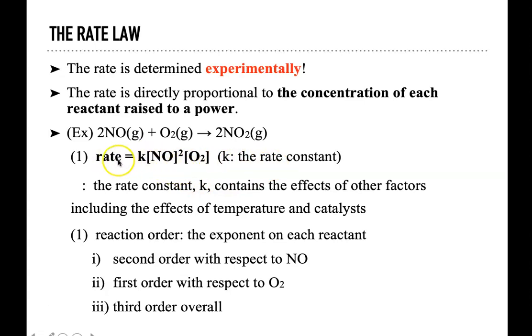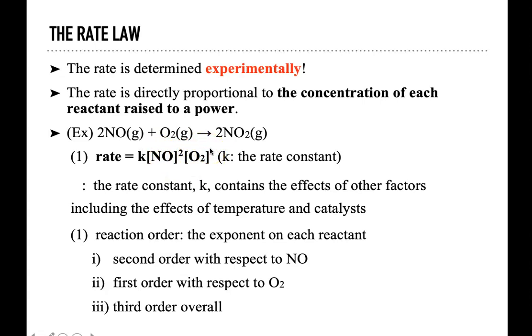As you see here, the rate is not determined by the concentration of reactants alone. This rate constant k, as we will see in later slides, contains the effect of other factors such as temperature and the effect of a catalyst. We are introducing the term reaction order. The reaction order with respect to nitrogen oxide is 2. The reaction order with oxygen is 1.